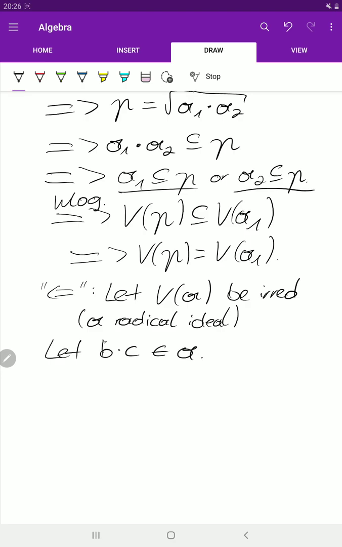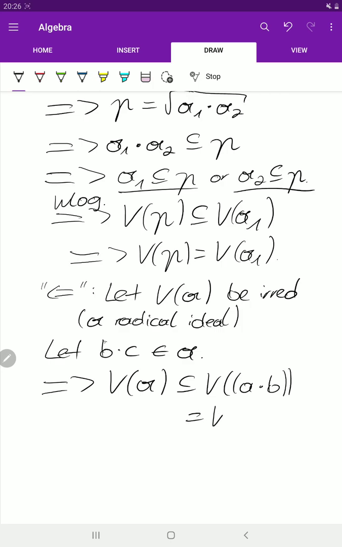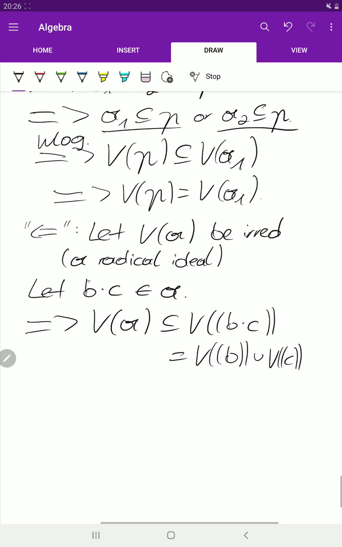Okay, what do we get from here? Well, we get that V of A is a subset of V of the ideal generated by B times C. I wanted to call it B and C, sorry. So that's V of B times C, so V of B union V of C. And so that's that.